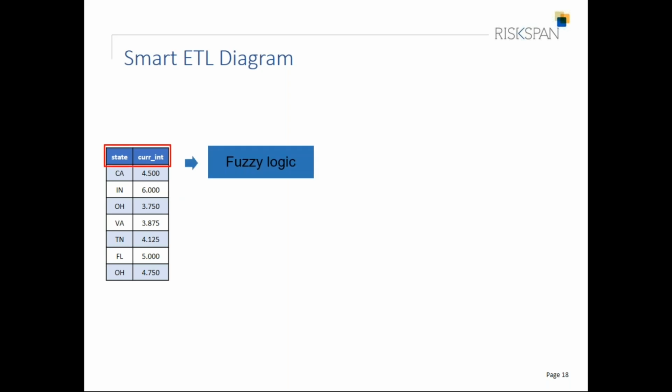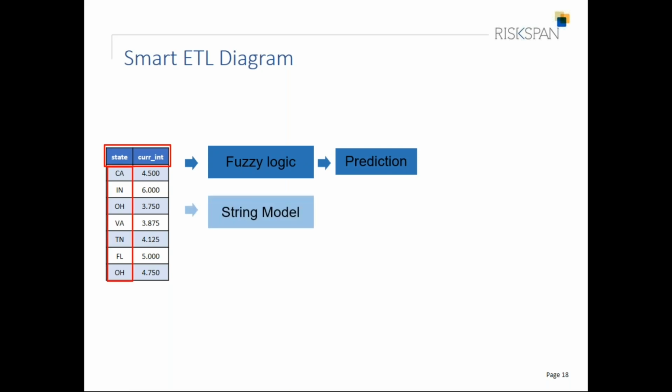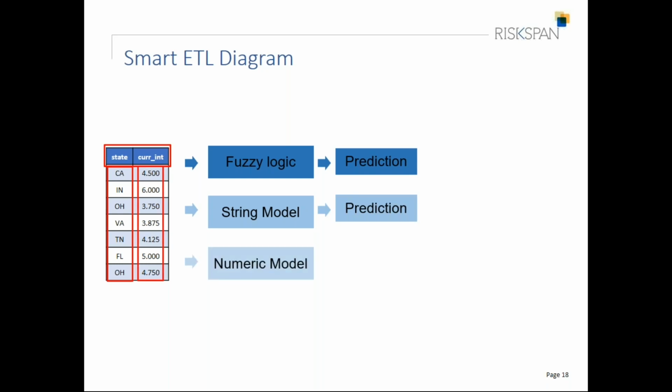And what we're going to do is take just the headers, no other information, pass it into some fuzzy logic, and we're going to generate a prediction of what those two columns are. Then we're going to slice off just the strings that we've identified out of the first column, pass it into a string model, and generate a prediction of what we think that column is. And then we're going to do the same thing with the numeric information, but we're going to pass it to a separate numeric model and generate a prediction.